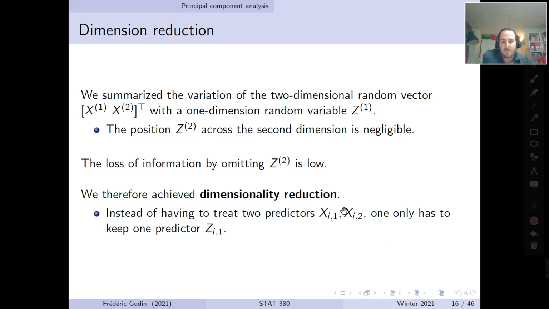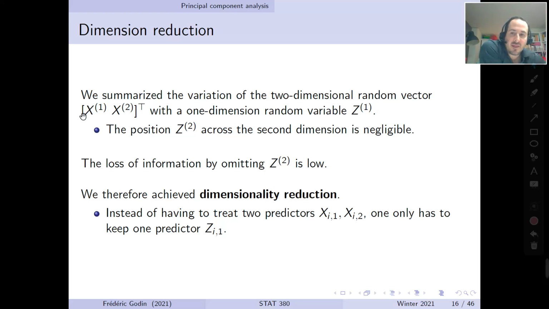Okay, so as we said, I've said it also like two slides ago, but let's repeat that a bit more slowly just to make sure we understand. In the previous example, we had originally two coordinates to represent a data point, but we showed that this data point could be very well approximated by knowing a single variable z1.